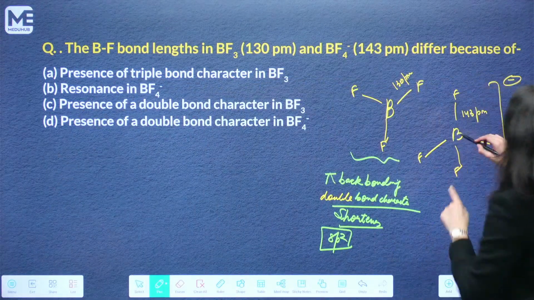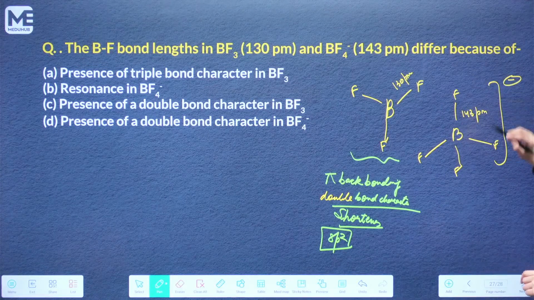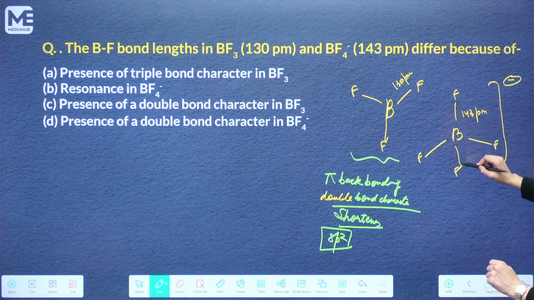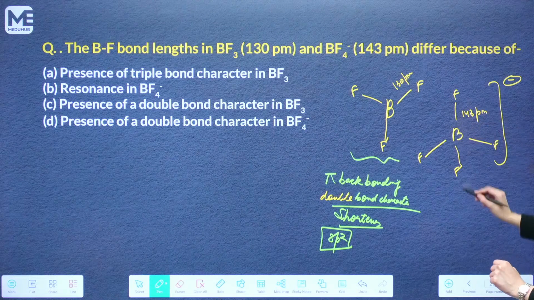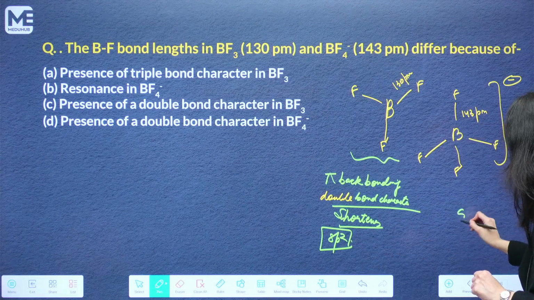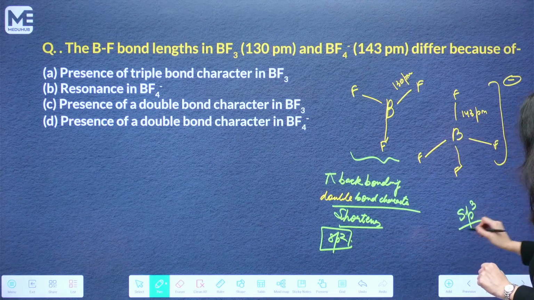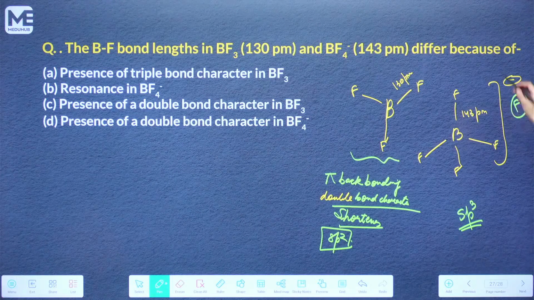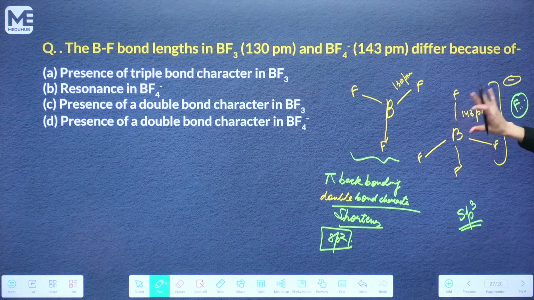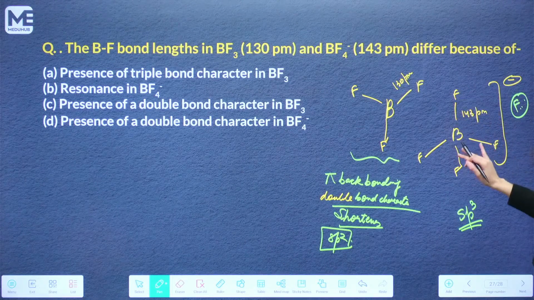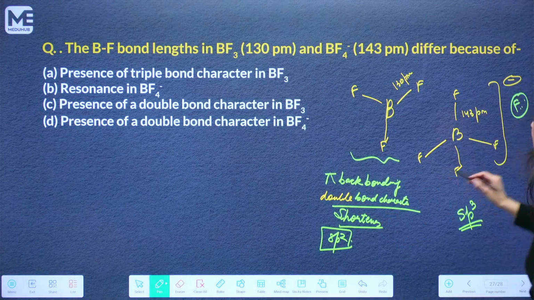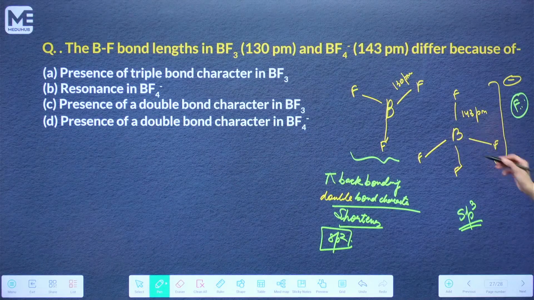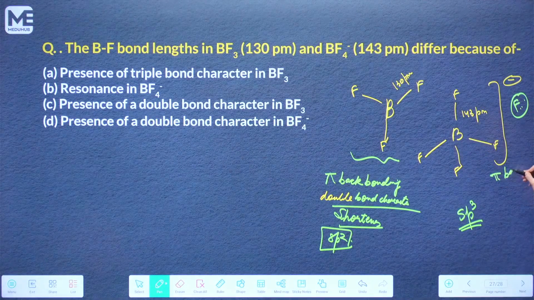Alright, in the case of BF4 minus, what happens? Now there are 4 bonds to this boron. So it is no longer sp2 hybridized. It is sp3 hybridized first of all. And since another fluorine has come and bonded to this boron, that is, it has given its electron pair to boron and formed a 4th bond, now boron is no longer electron deficient, so no pi back bonding takes place.